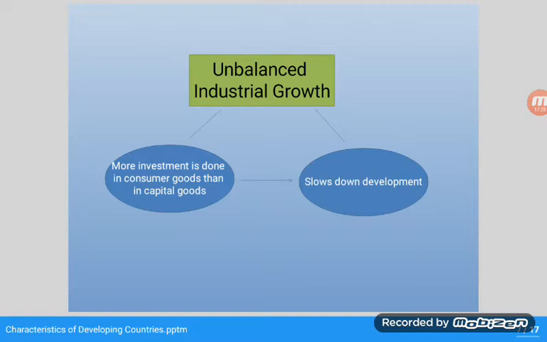But as a result, all this slows down the process of development. So basically this point means all the investment is going into few industries. It is not diversified, and definitely investment is not going into capital goods.